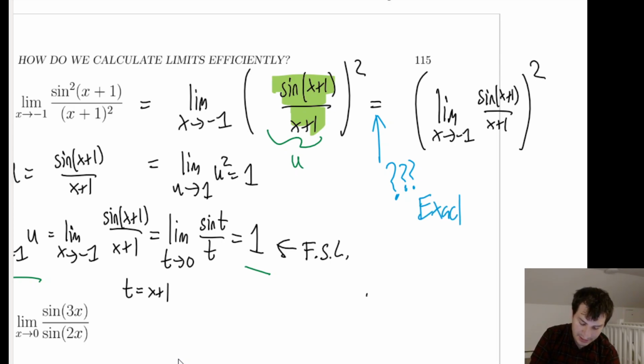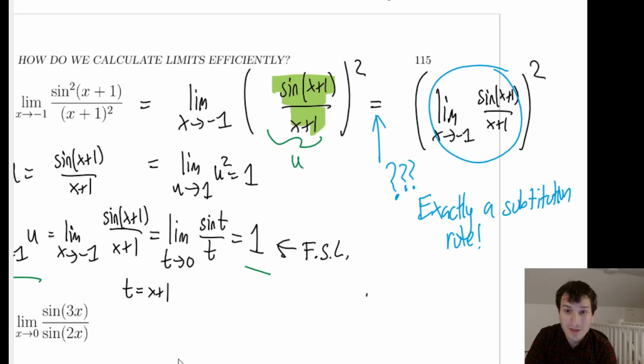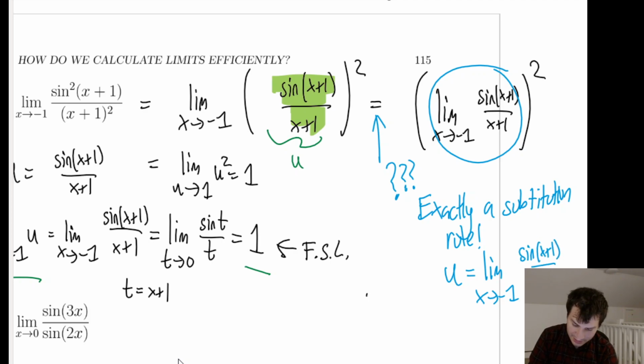This is exactly a substitution rule. It's a substitution rule where this thing is the u value. U is the whole thing, the limit as x goes to -1 of sine of x plus 1 over x plus 1. This is what the u value is going to. So maybe I should say the limit of u equals this.